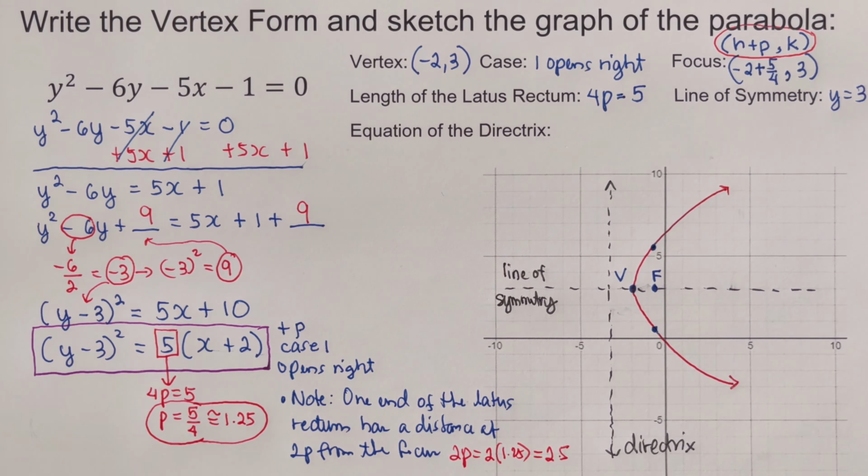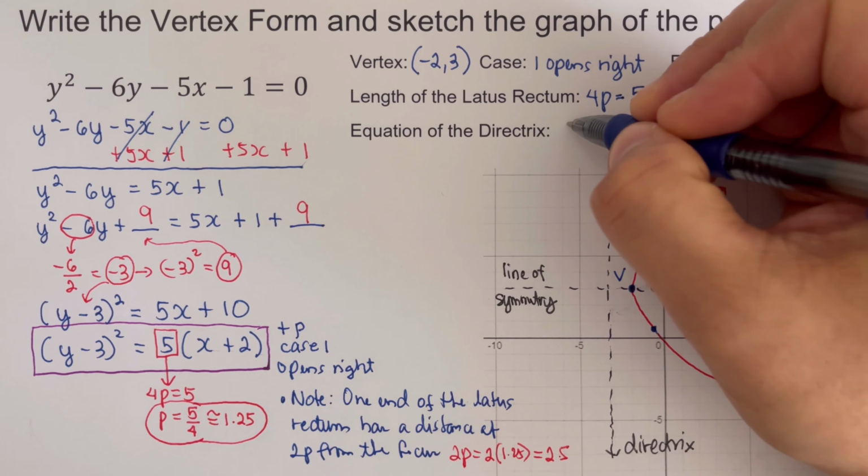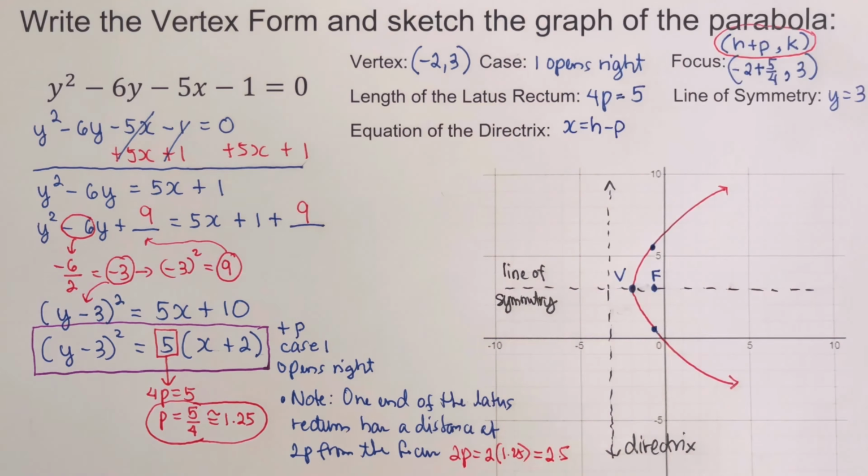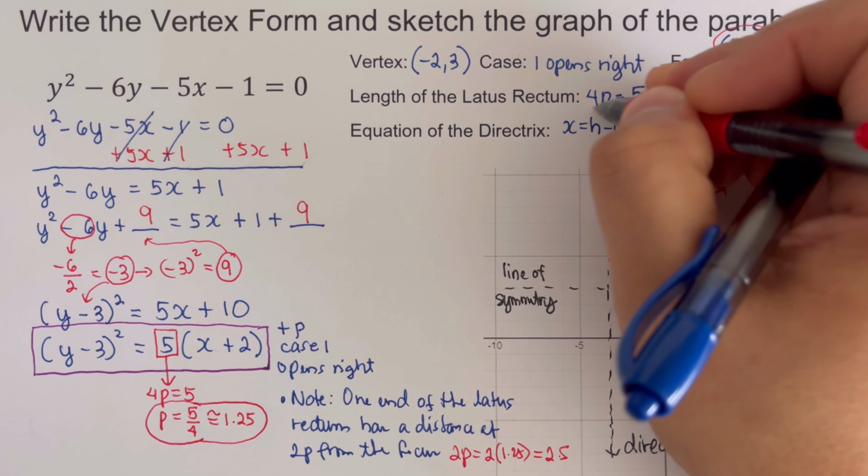Now the equation for the directrix, in cases where it doesn't come out like a whole number, the general equation for the directrix is x equals h minus p. So I'm just going to go ahead and write that right here: x is equal to h minus p. So this is the general equation of the directrix.